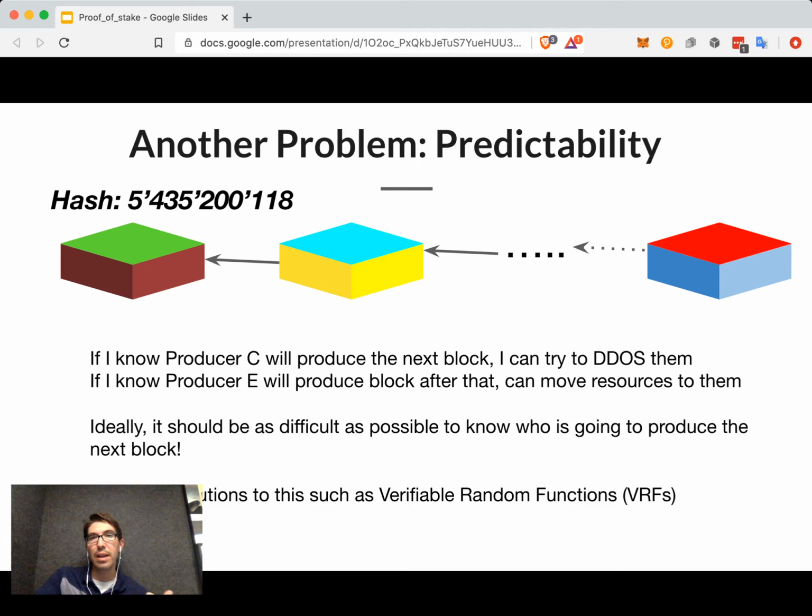However, by using public key cryptography, only the producer of the block that has a private key will be able to prove that they have the right to make that block, and everyone can verify it using their public key. So think of a verifiable random function as public key cryptography applied to a random number generator. Again, there are possible solutions to this, but it is something that you should know when looking at a proof of stake system.